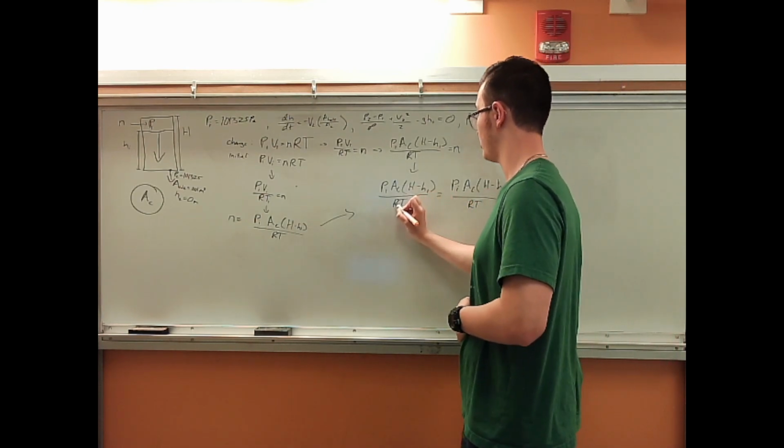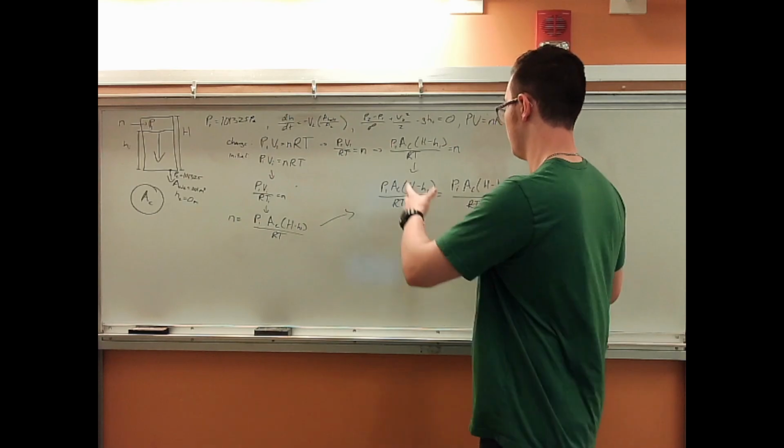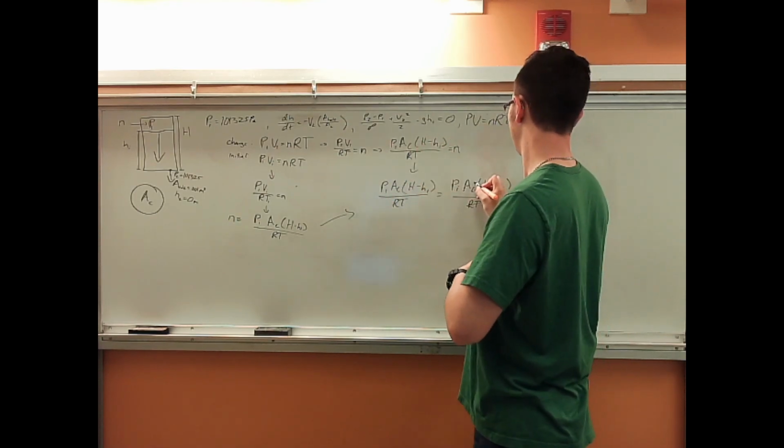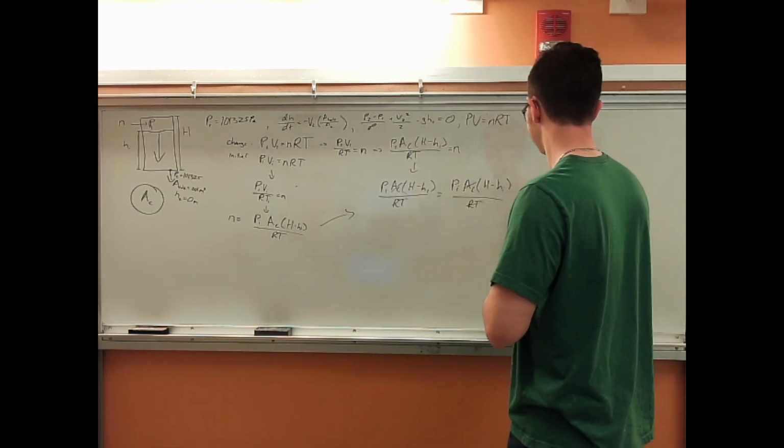Of course, these two are the same, so if we were to multiply across, which we will do, we would cross out all of the constants.